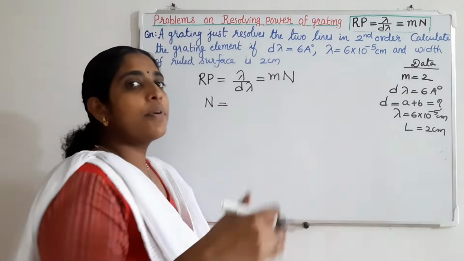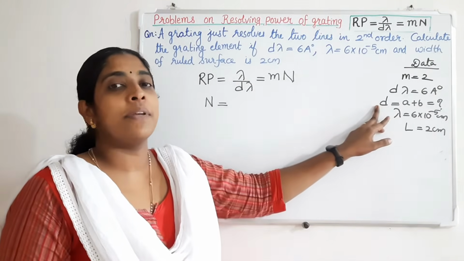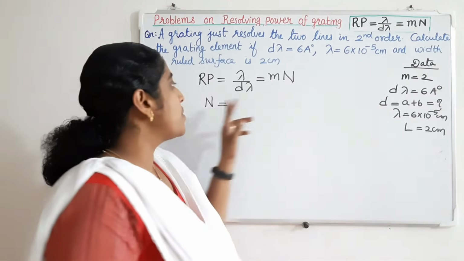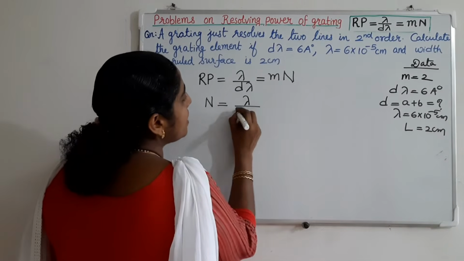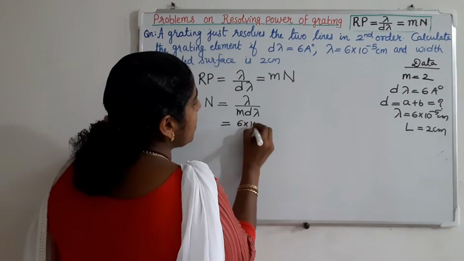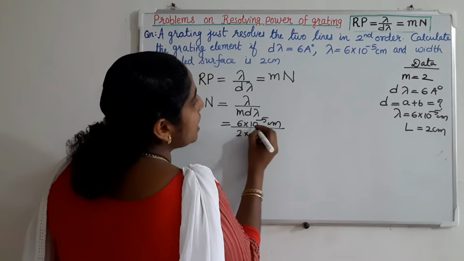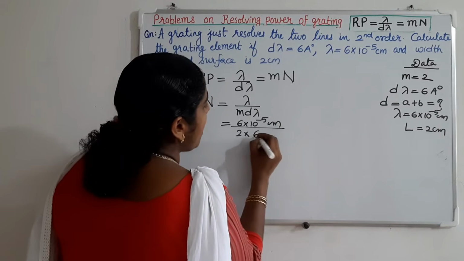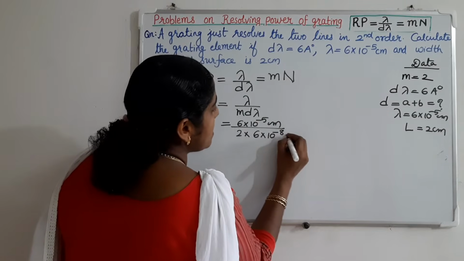And if we know the number of lines on the grating per unit length, we can find out the grating element as its reciprocal. So the number of lines on grating is lambda divided by m d lambda, that is 6 into 10 raised to minus 5 centimeter divided by m into d lambda is 6 angstrom, that is 6 into 10 raised to minus 8 centimeter.